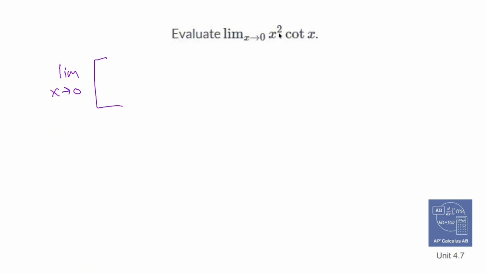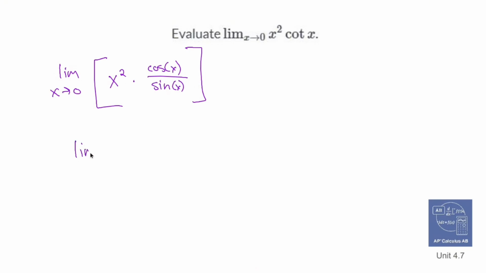I'm going to write this as x squared times whatever cotangent is, which is cosine x over sine x. Now my issue right now is if I were to plug in 0 for sine x, I would get 0. That's no good.